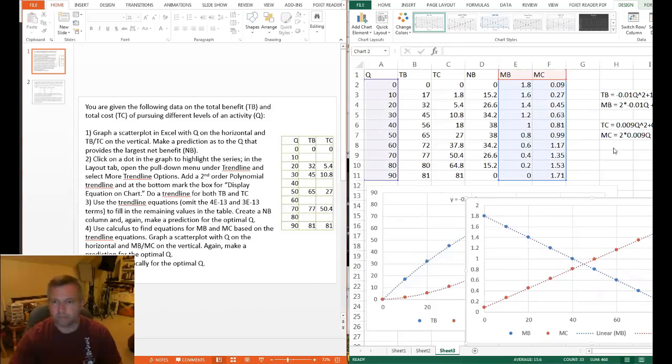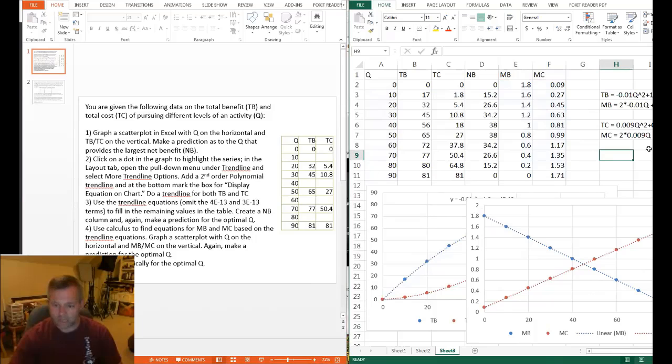Solve algebraically. Well, I want to say marginal benefit equals marginal cost. So negative 0.02 Q plus 1.8 equals 0.018 Q plus 0.09. Doing the algebra on this, when I did 1.8 minus 0.09, I got 1.71.